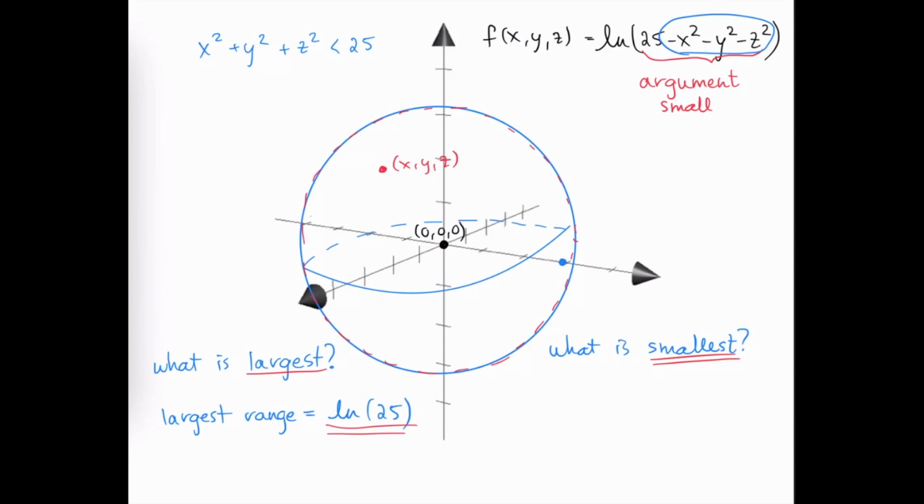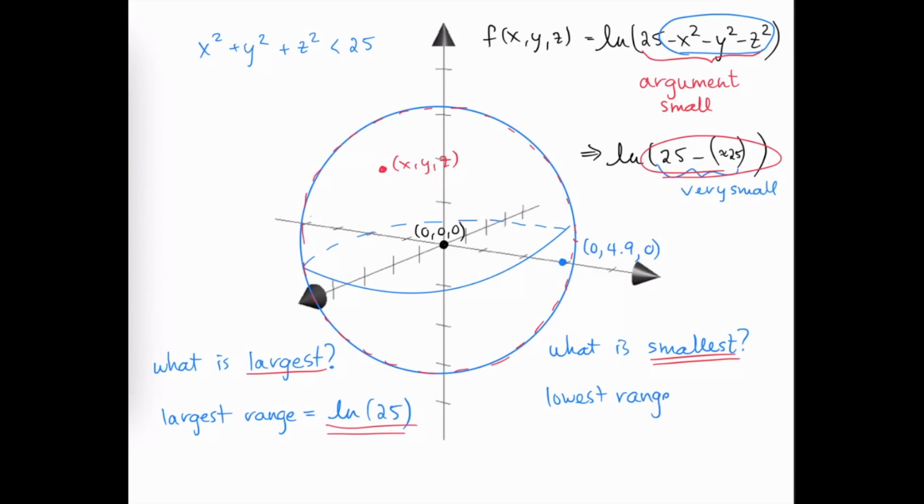When we're at an ordered triple out here, let's say for example 4.9 as the y coordinate, what we would be subtracting from the 25 is 0 for the x, almost 5 for the y, and 0 for the z. So almost 25 here, meaning that this is going to be super small quantity. And when the argument of a logarithm is very small, that output would be then going to negative infinity.